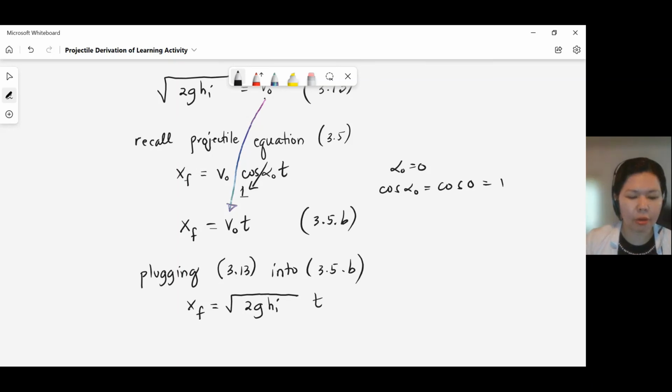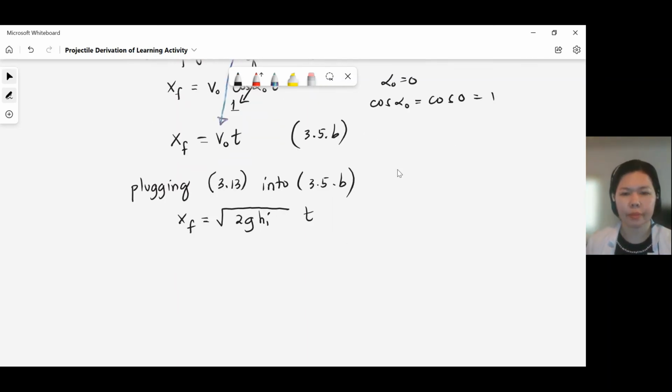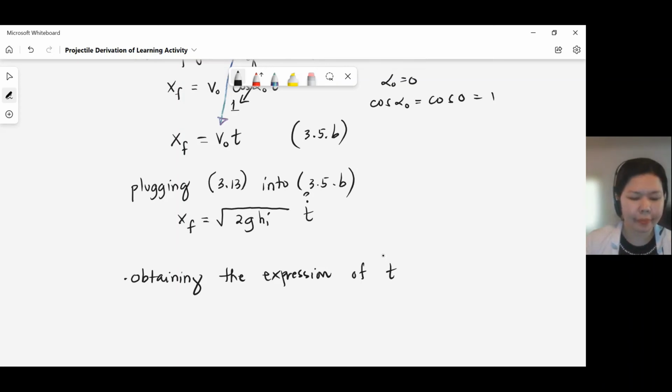To do this, we recall the projectile equation of motion 3.7, containing the expression of t from the experiment setup.